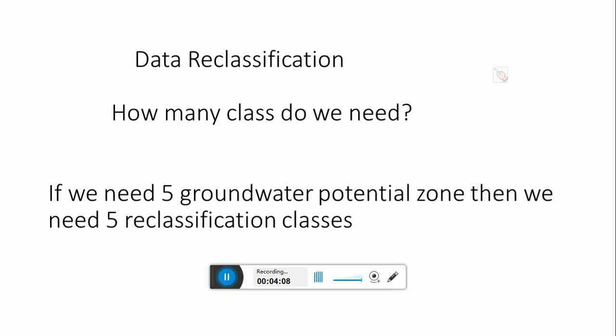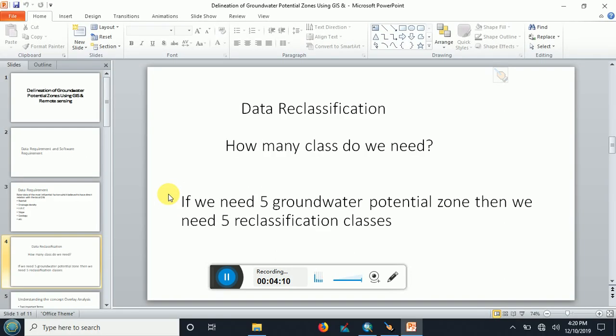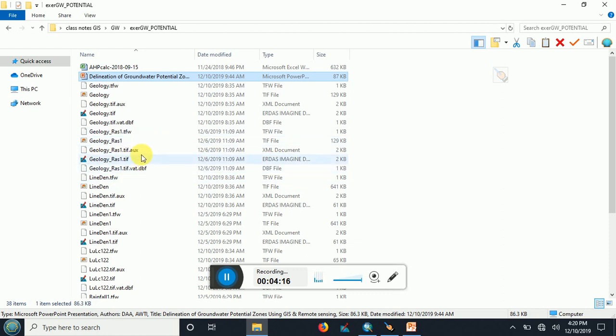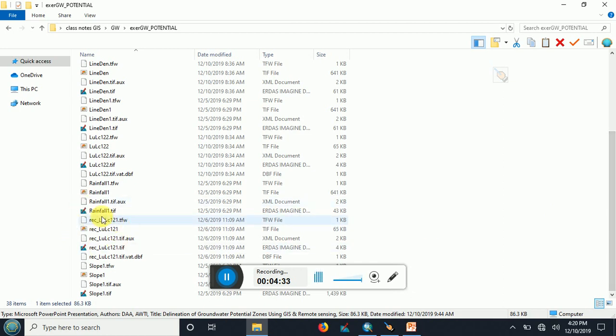In the folder, I already provided you the factors that we are going to use. In the morning, I gave you those raster files. So when you see them, there is geology, and there is also lineament density, and similarly land cover, and again rainfall and slope.